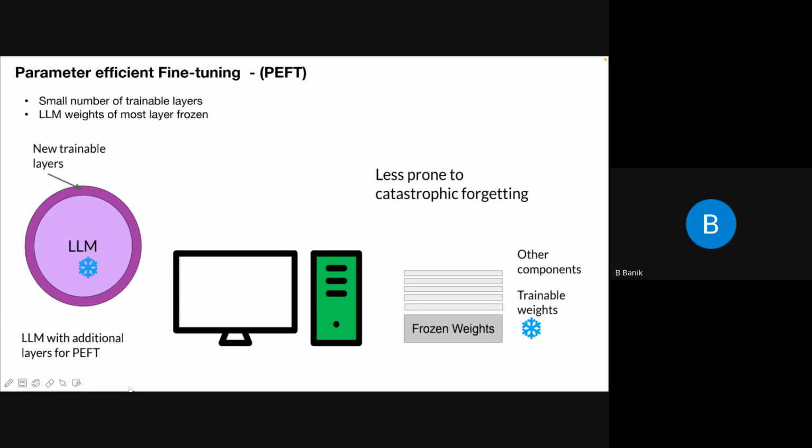So with PEFT, most of the LLM weights, not all, are kept frozen. As a result, the number of trained parameters is much smaller than the number of parameters in the original LLM, and that's the advantage here.